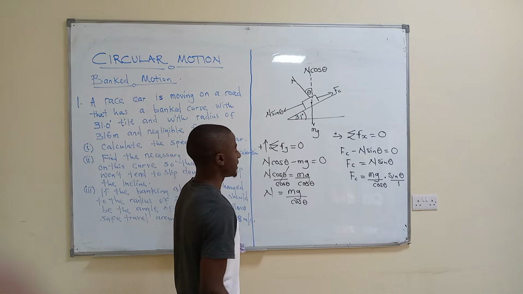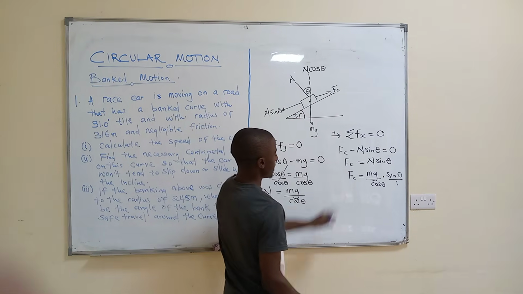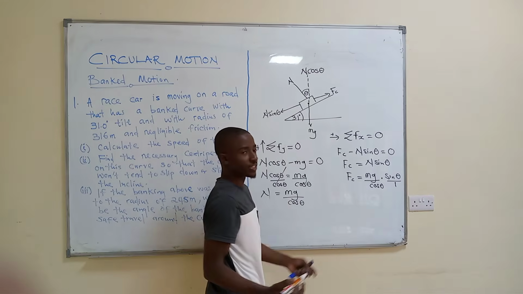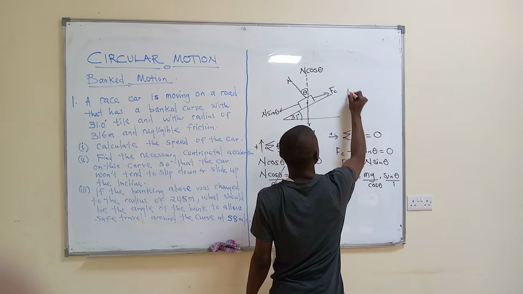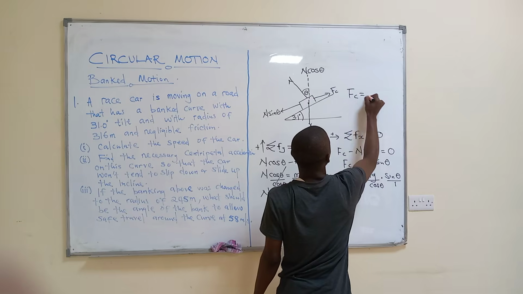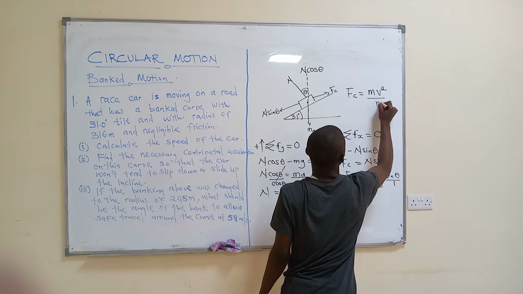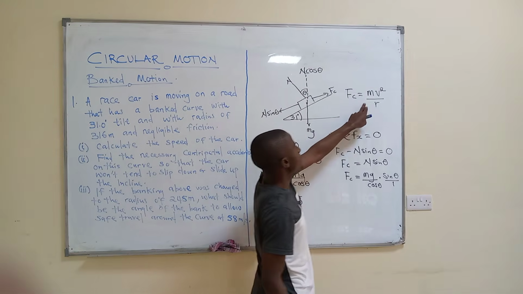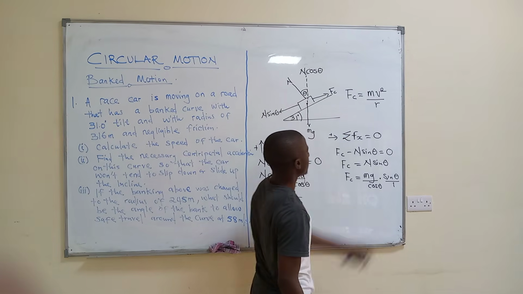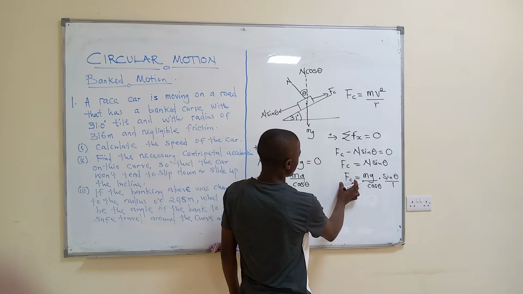So apart from that, we know centripetal force has its own formula, which is centripetal force is equal to mass times velocity squared over radius. So this mv squared over r is going to replace where there is this centripetal force.